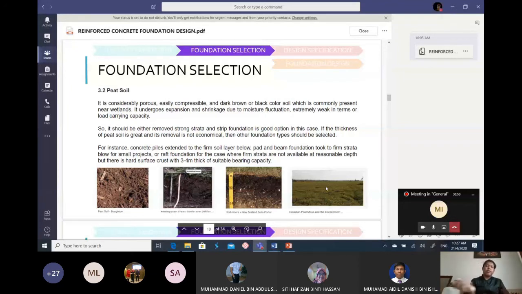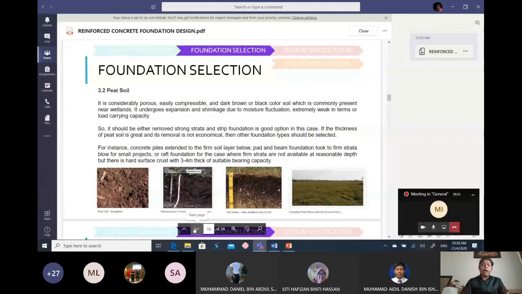So the earthwork process is much more important, so that we can increase the soil bearing capacity. For instance, concrete piles extended to the firm soil layer below, pad and beam foundations taken to firm strata below for small projects, or raft foundation for the case where firm strata are not available at reasonable depth, but there is a hard surface crust 3 to 4 meters thick with suitable bearing capacity.